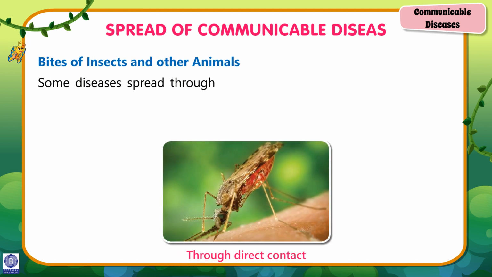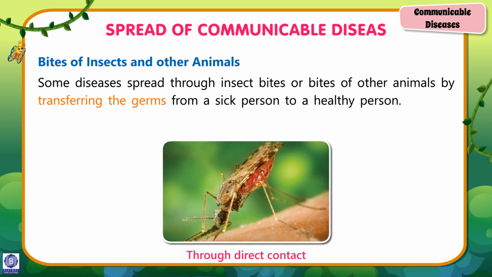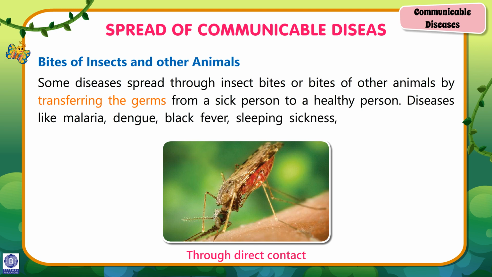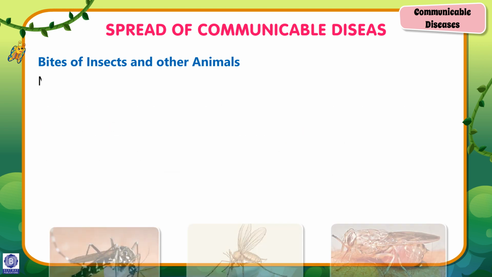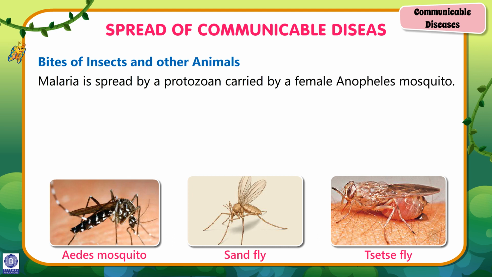Through bites of insects and other animals. Some diseases spread through insect bites or bites of other animals by transferring the germs from a sick person to a healthy person. Diseases like malaria, dengue, black fever, sleeping sickness, plague, etc. spread through insect bites. Malaria is spread by a protozoan carried by a female Anopheles mosquito.